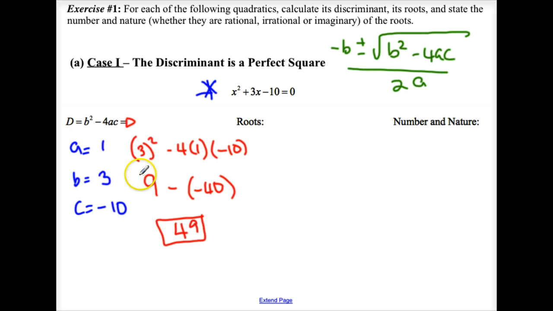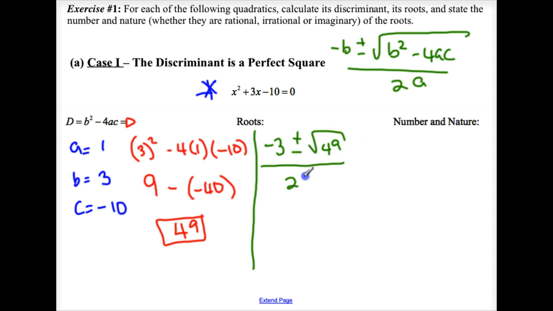So my root, let's separate this out. Minus 3 plus or minus the square root. We just calculated this. b squared minus 4ac is 49. Everything over 2 times 1. Now remember, this is minus 3 plus or minus 7 over 2.